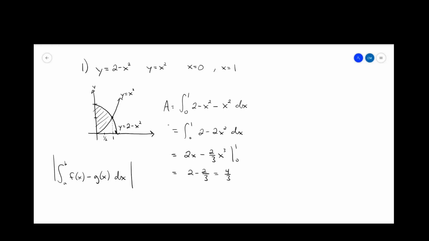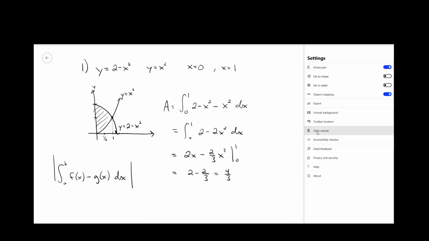That's a way around figuring out which function's bigger. Just say, I don't care which function's bigger. I'm just going to find the integral, put one function first, put the other one second. If it's negative, I'm just going to make it positive, and that'll be the answer. Okay. All right, so if there are no other questions, let's move on to the next problem.